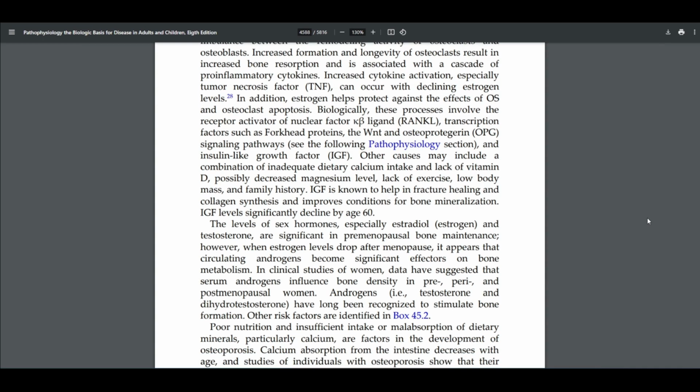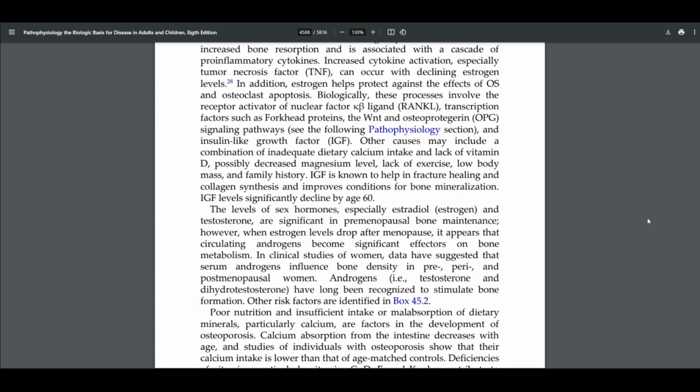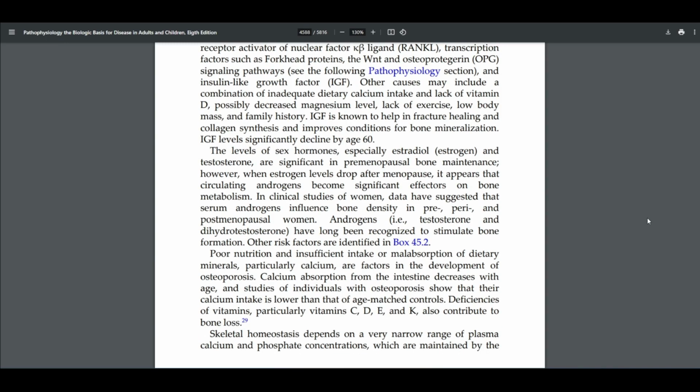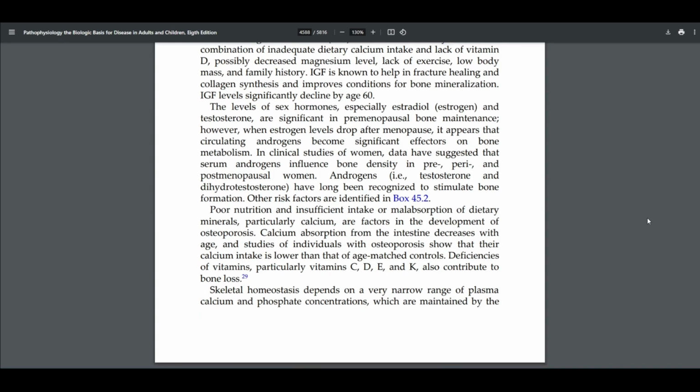Other causes may include a combination of inadequate dietary calcium intake and lack of vitamin D, possibly decreased magnesium level, lack of exercise, low body mass, and family history. IGF is known to help in fracture healing and collagen synthesis and improves conditions for bone mineralization. IGF levels significantly decline by age 60, however.